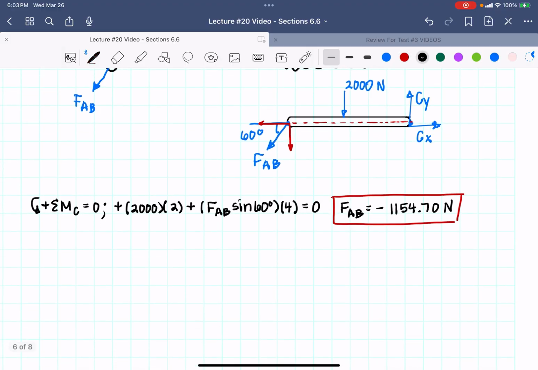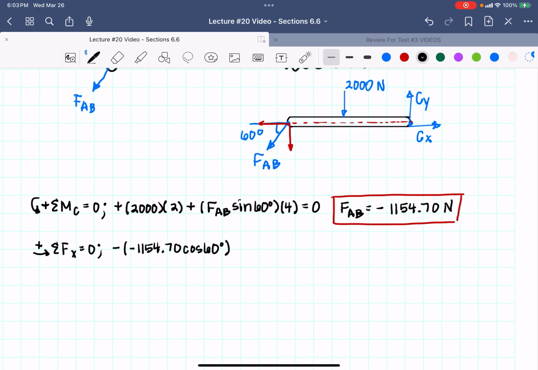So let's sum the forces in the X first, because that feels like what we should do. But you could do either way. It won't make a difference. This time it doesn't really matter. So the sum of the forces in the X, I've got the FAB component. In my drawing, it's going in the negative direction, but I know it's negative, so it's actually going to be positive, times the cosine of 60 is the X component.